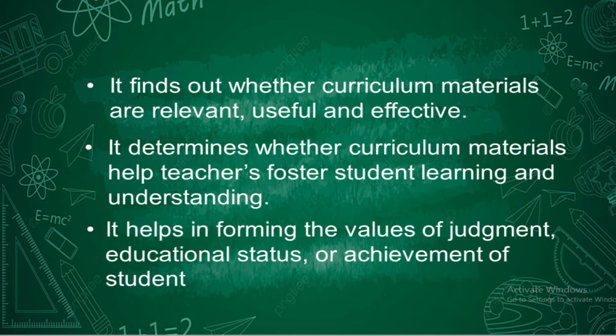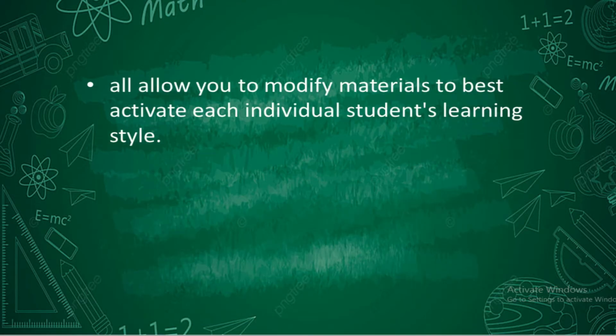It helps us form a particular judgment as to how well our students perform as they achieve particular competencies or lessons in our class. So that is another reason why we need to assess a particular curriculum material. Another reason is it allows us to modify a material to best activate individual students' learning style.